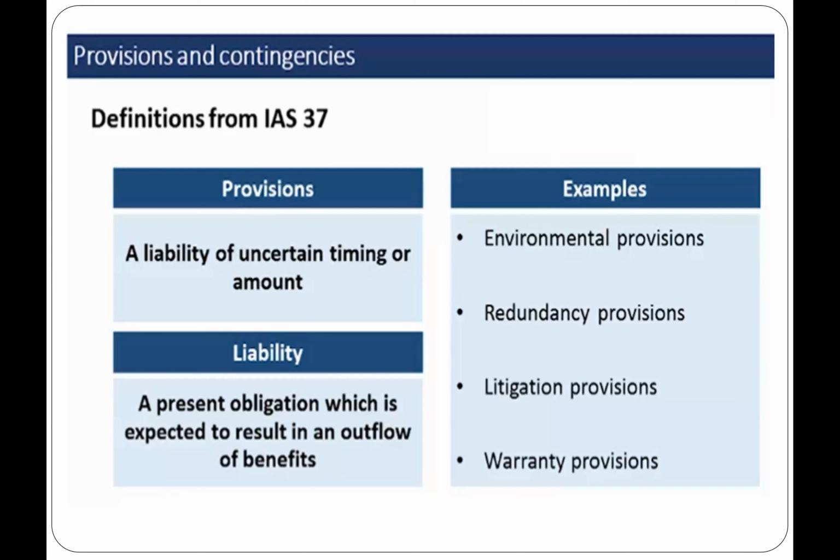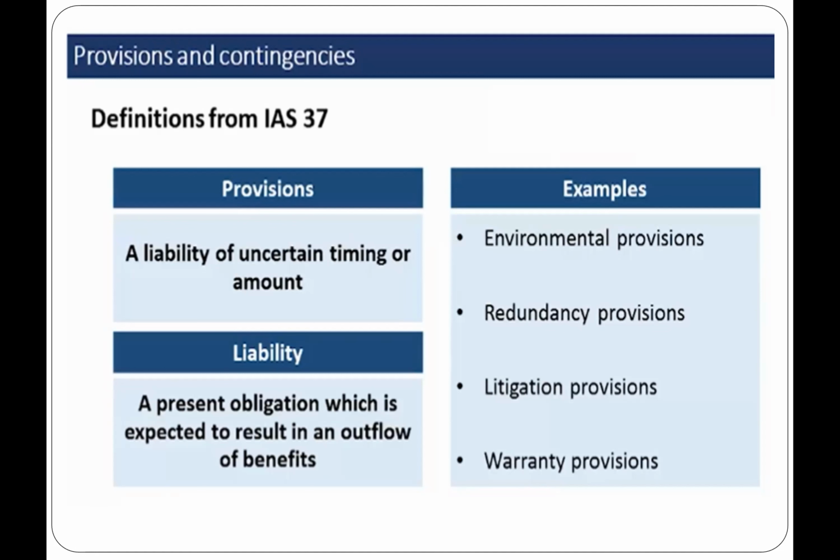So you can, at the point that you manufacture those laptops and sell them, incorporate a warranty provision, which means you are setting aside a certain amount of money that is going to cater for any laptops that are going to be returned to you, or any laptops that will need to be repaired within the warranty period.